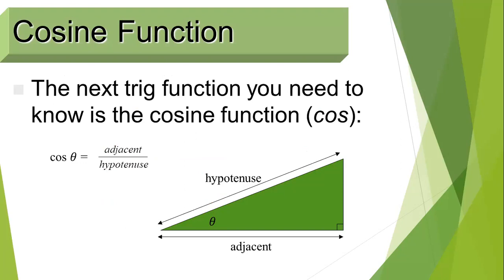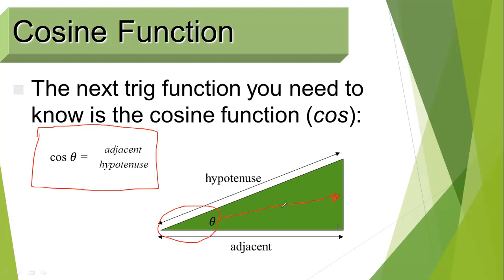Remember that cosine theta is the adjacent side of a right-angled triangle over the hypotenuse with regards to the given angle theta. Always base the sides according to the angle.